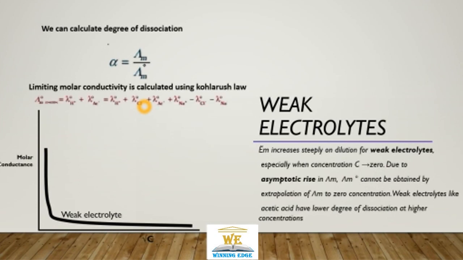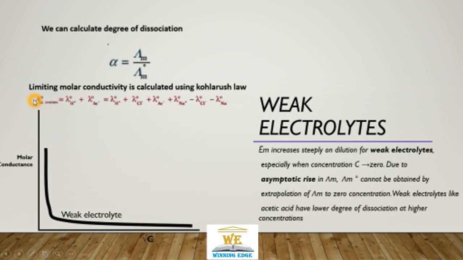Now, using the same mathematical expression of Kohlrausch law, we can calculate the limiting molar conductance of weak electrolytes. Here it's acetic acid, which will be HCl plus sodium acetate minus sodium chloride.